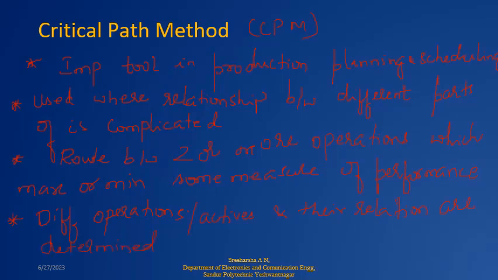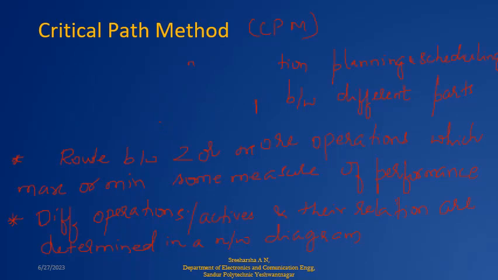How do we determine this? In a network diagram. First we are determining all this. Excuse me, I require some space, so I am erasing all this. So we determine this in a network diagram.